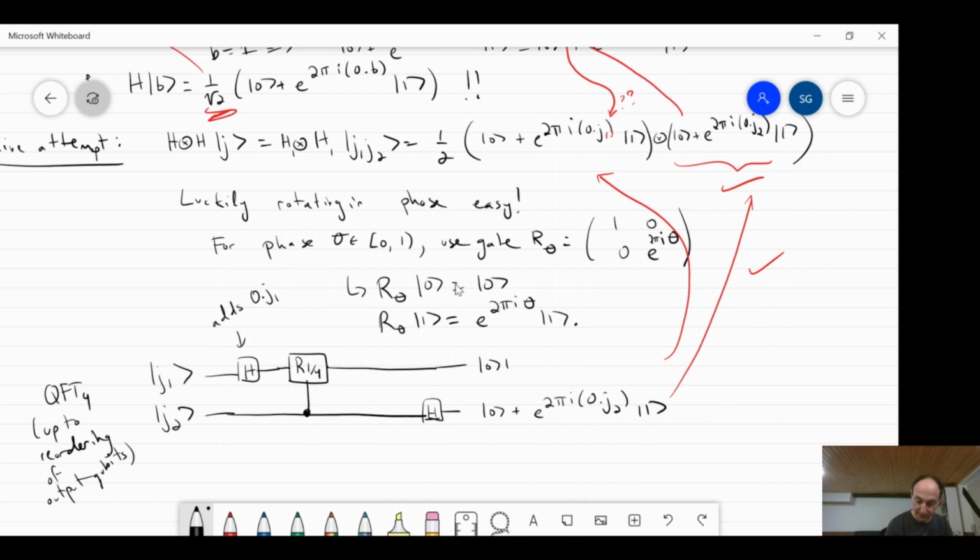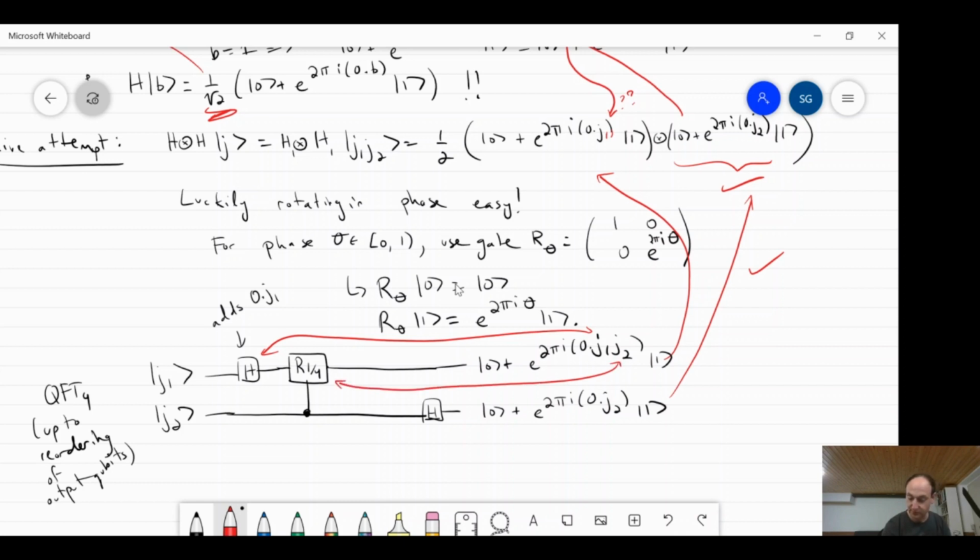And here what we'll get is 0 plus e to the 2 pi i 0.J1, again this J1 is coming from the Hadamard, and then we have J2, which is coming from the controlled rotation. Now we're almost done. Technically speaking, this is not in the notes, but you should swap these.